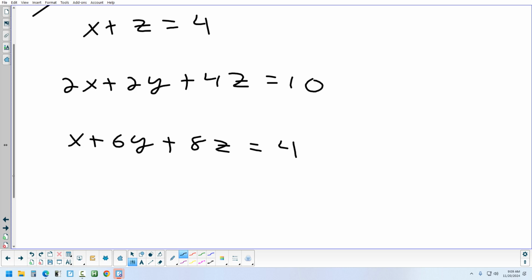Yep. Divide the second row by 2. Yeah, you could, because everything there is an even number, so why deal with bigger numbers? You could divide everything by 2 and use that as row 2. Just might make things a little bit easier. But if you don't see that, you definitely don't have to do that.